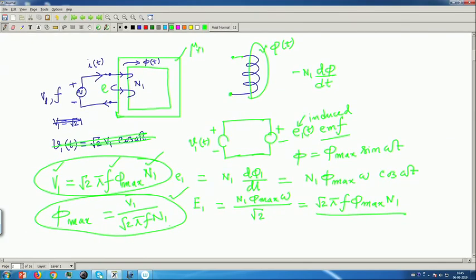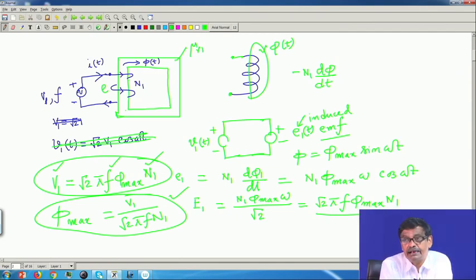So, no matter what kind of magnetic material it is, good magnetic material or bad magnetic material, the moment the supply RMS voltage and supply frequency are known, phi max in the core is decided. A very crucial point to go ahead with the concept of the transformer. We will continue with that. Thank you.